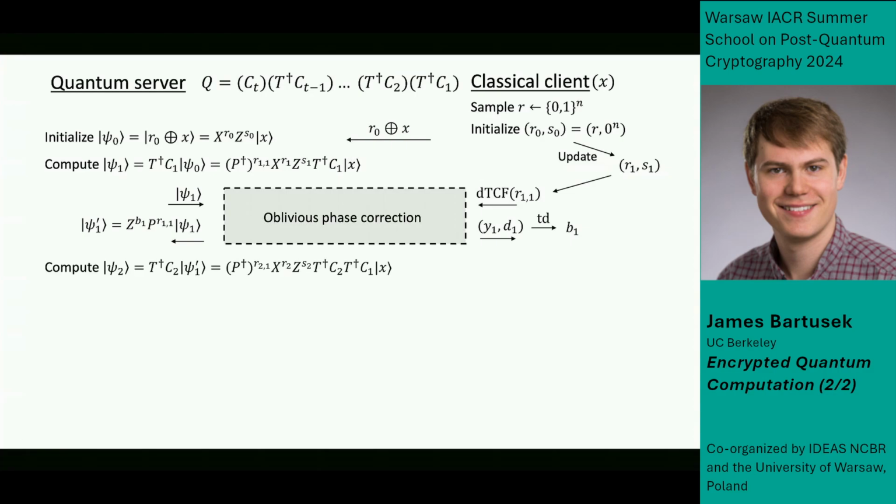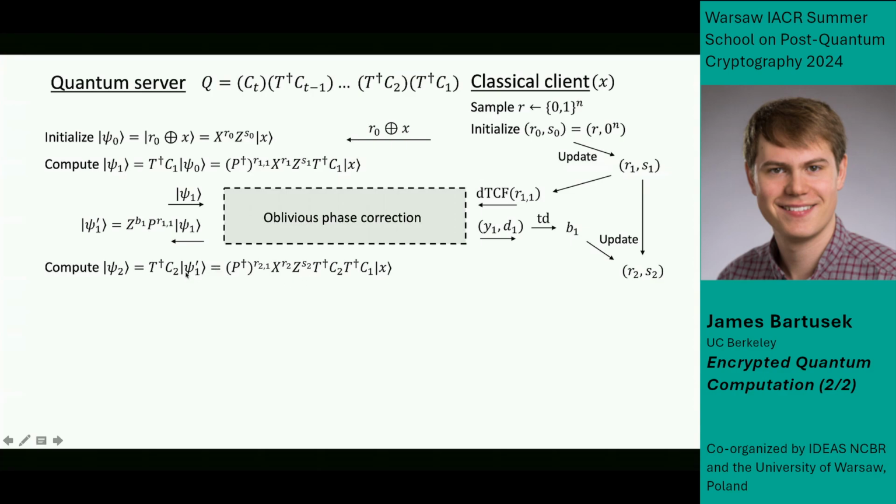So this is what the protocol looks like. And then we can just continue in layers again. One slight detail that we have to be aware of now is that this bit B1 that the client obtains is incorporated into the one-time pad, right?